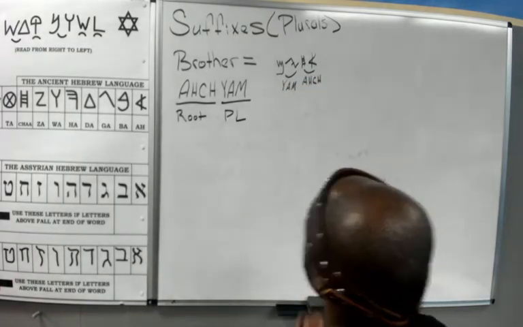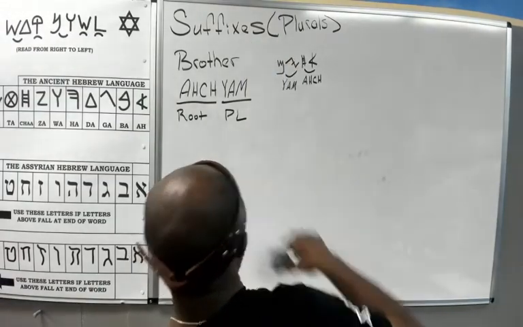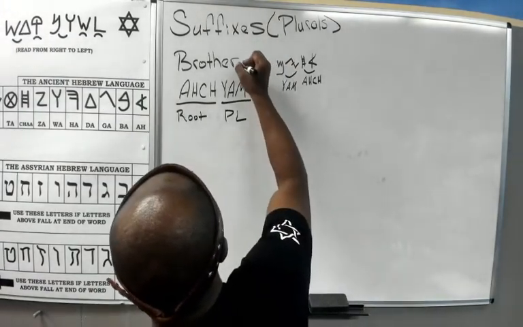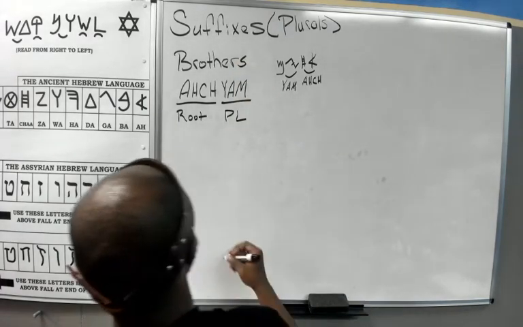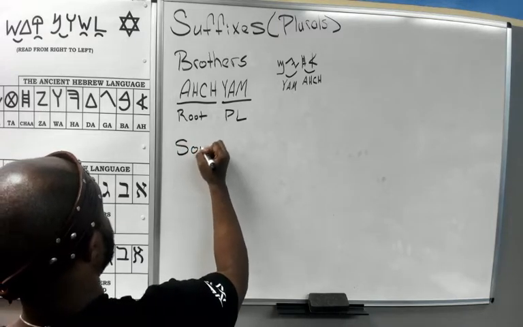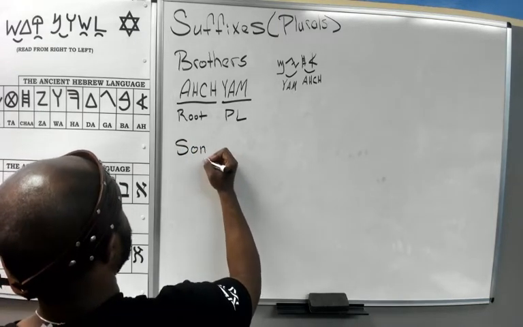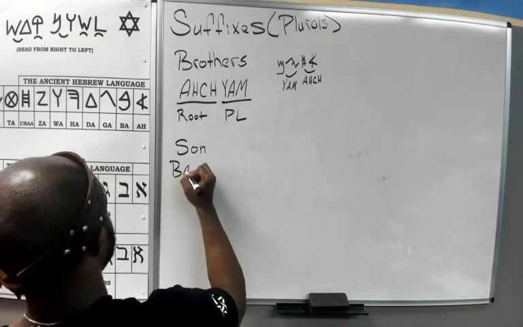So that's how it works. And if you want to put the S at the end of brother, that's how you make it plural. All right. So if you want to say son, which is bond in the Hebrew.